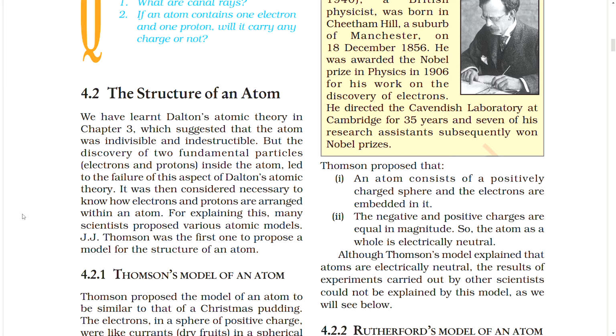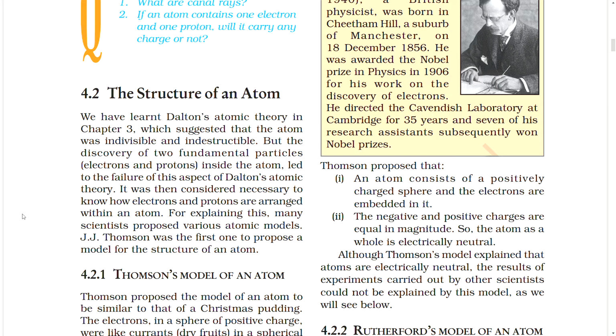4.2 The structure of an atom. We have learned Dalton's atomic theory in Chapter 3, which suggested that the atom was indivisible and indestructible. But the discovery of two fundamental particles, electrons and protons, inside the atom led to the failure of these aspects of Dalton's atomic theory.